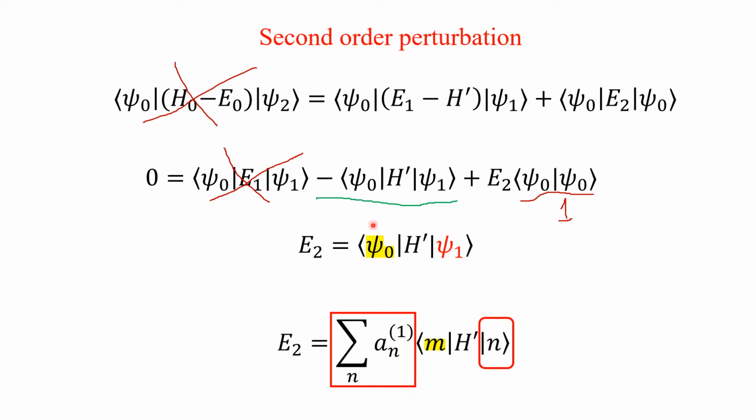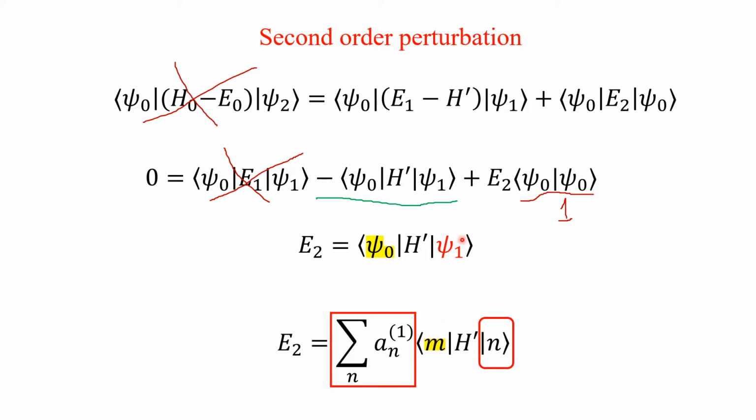This is the equation. Now what we are going to do is, as done in the case of first order perturbation, psi naught is the initial wave function that we have taken. In the form of Dirac notation, it can be written simply as bra m, because this is bra psi naught. So the initial state can be written as bra m.